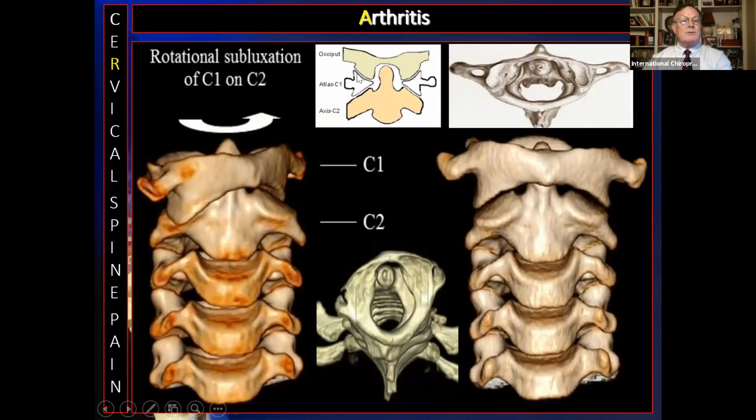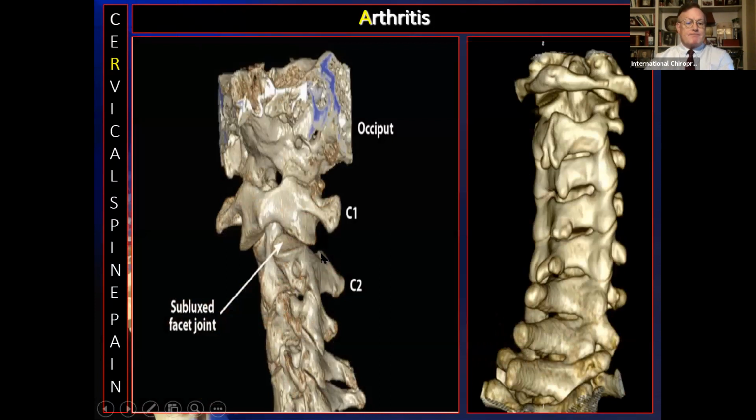Now here's the relationship. Remember we talked about the nice angular relationship here. It creates a nice sturdiness with regards to translation. Either way, the weakness in the craniocervical junction tends to be front and back, or anterior to posterior, less so than lateral. Okay, here is a sublux facet joint.